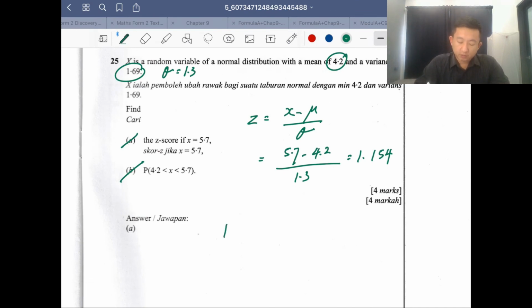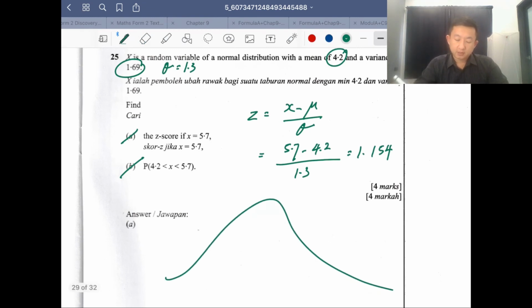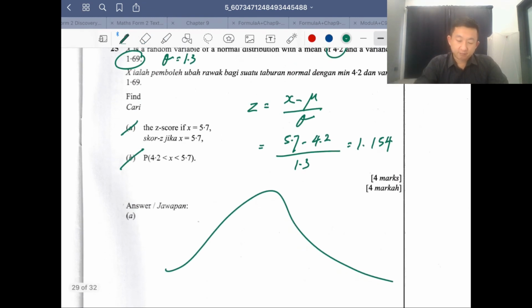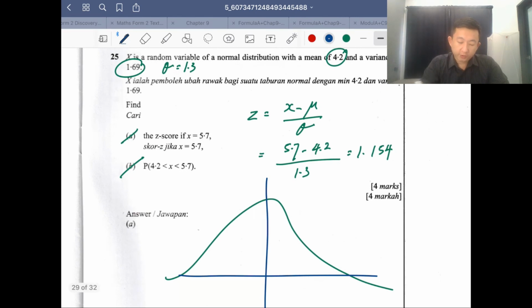Okay, let me draw it to give you a better understanding. This is the one, right? 4.2 is basically the mean. Am I right? So 4.2, I change this to a z value. This will be 0 in the middle.